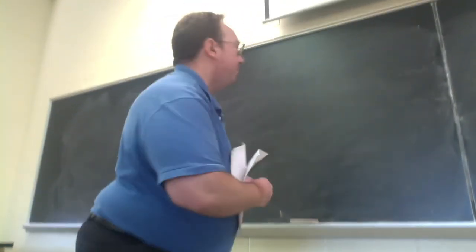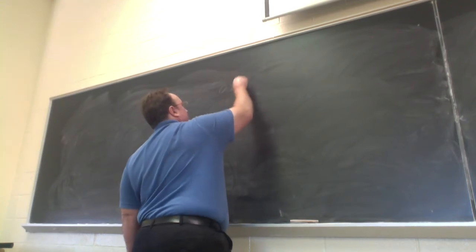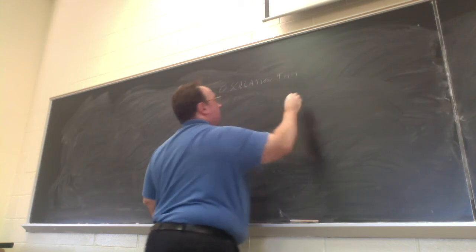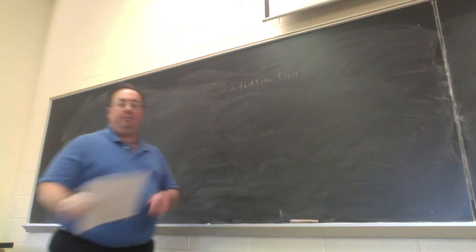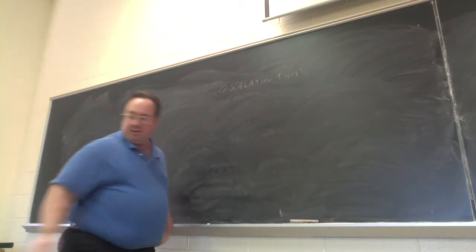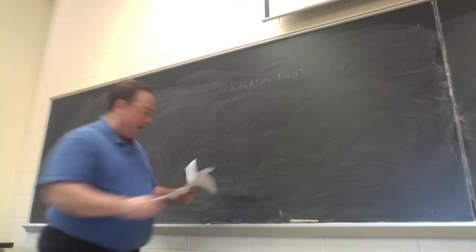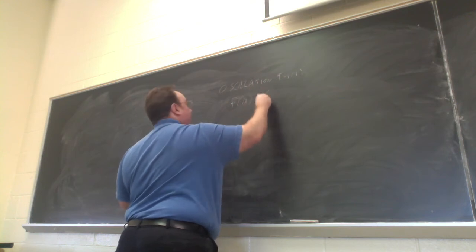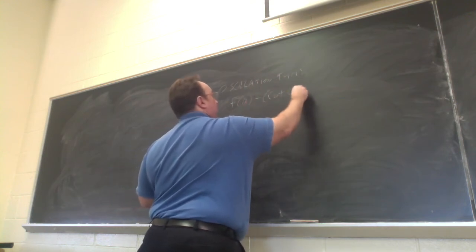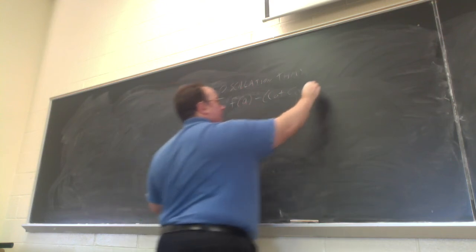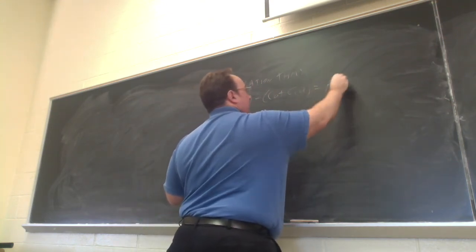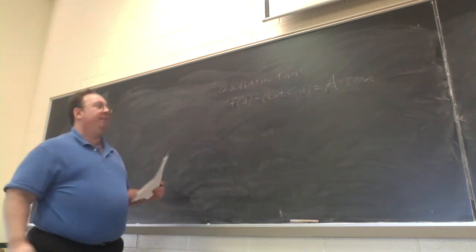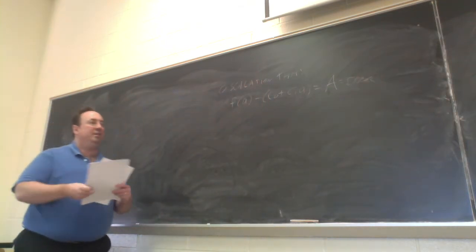From the oscillation theorem, we have the following: the error at x equals a, which is f of a minus c naught plus c1 times a, so we're just plugging in x equals a, is equal to some maximum error that I'll call capital A. Now I don't know if it's positive or negative.